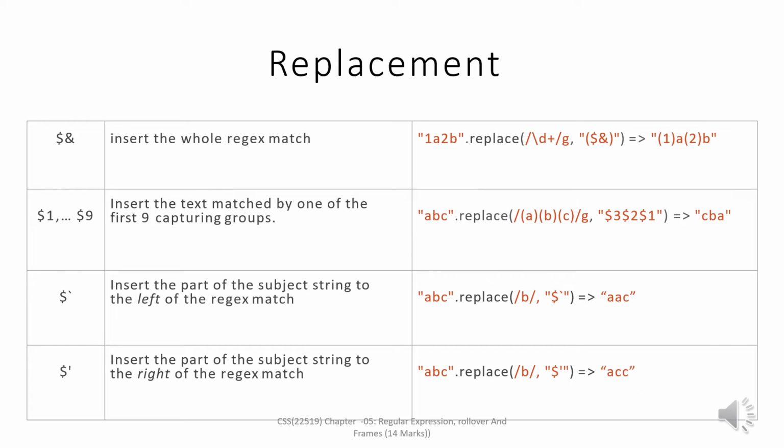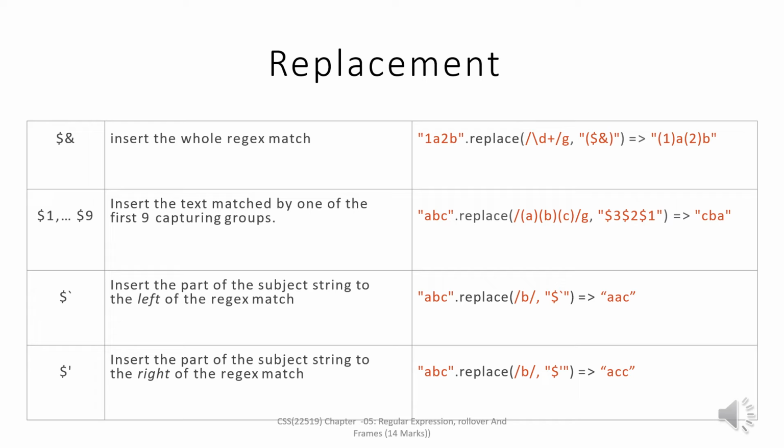Then replacement: $& inserts the whole regex match, replacing that particular pattern and displaying it in the brackets. Then $1 to $9 insert the text matched by one of the first 9 capturing groups, for example ABC replaces with $3$2$1, that is CBA.